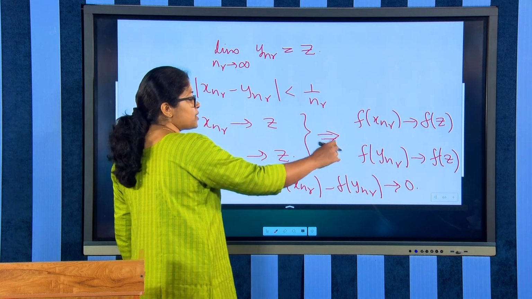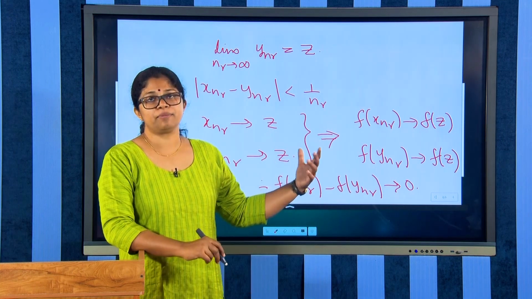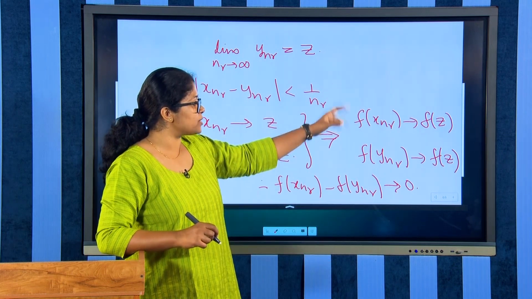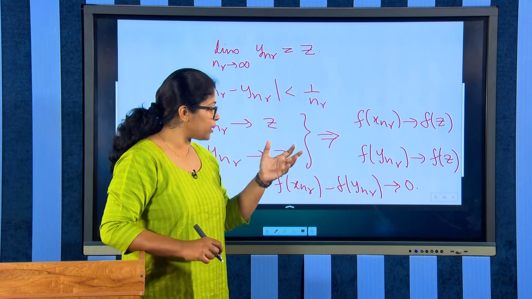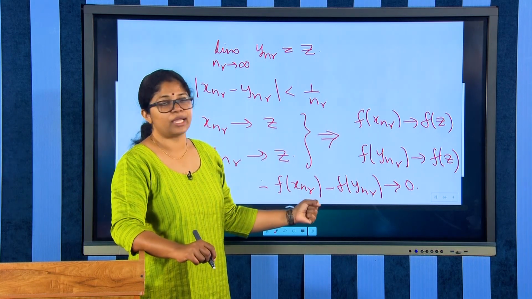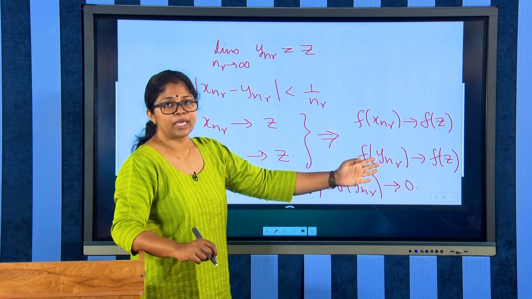This is a sequence of real numbers, because everything is a real number. f of xnr is a real sequence, f of ynr is a sequence of real numbers, so the difference between these two is also a sequence of real numbers which goes to 0.